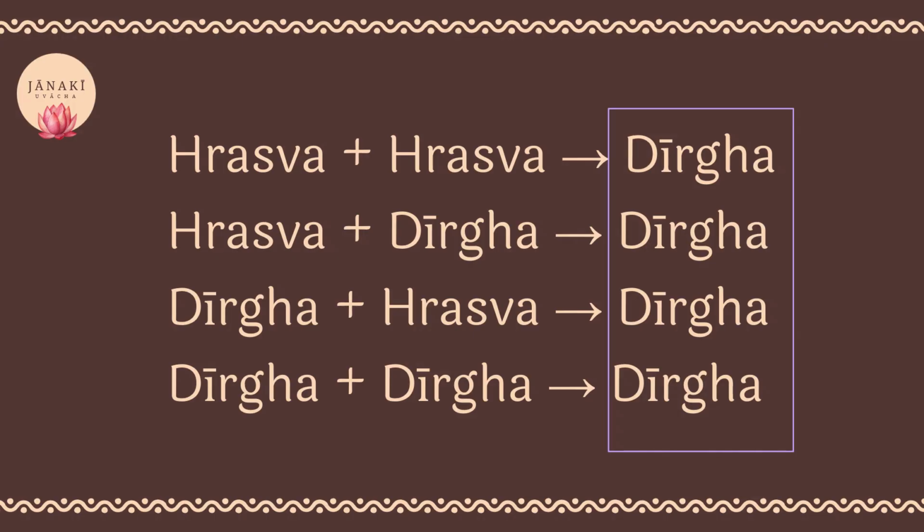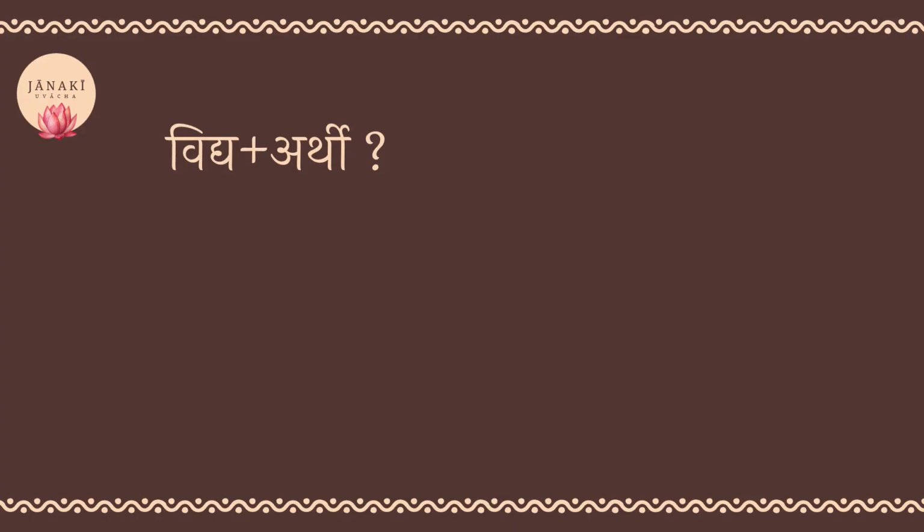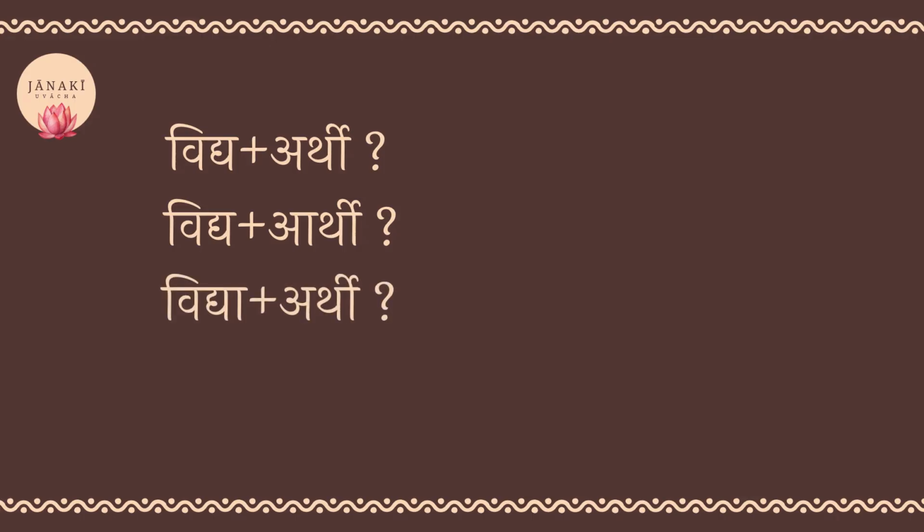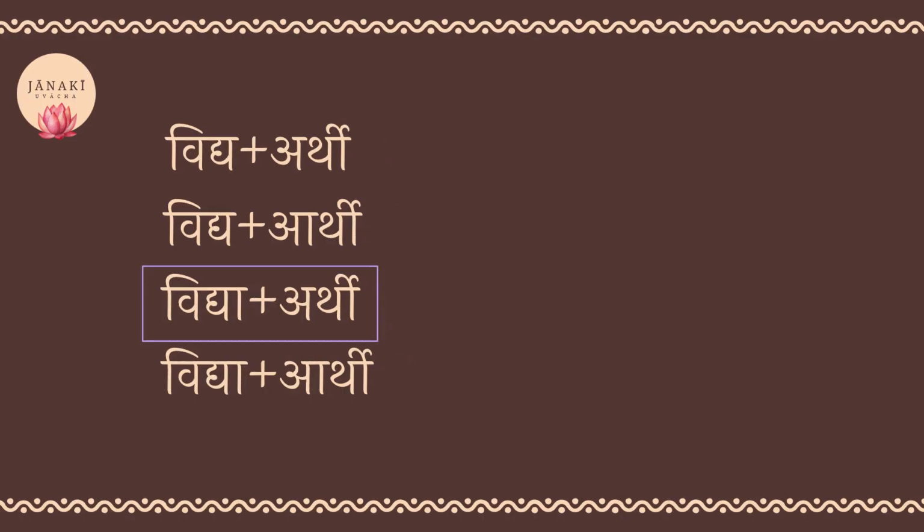Because if I give you a word like Vidyarthi, how would you know how to split it? Would it be Vidya plus Arthi, or Vidya plus Arthi? The correct answer here is actually Vidya plus Arthi.